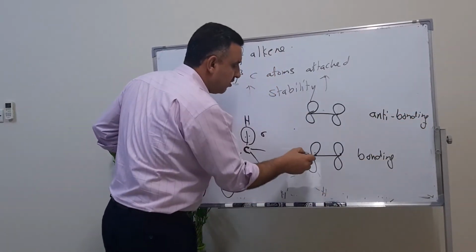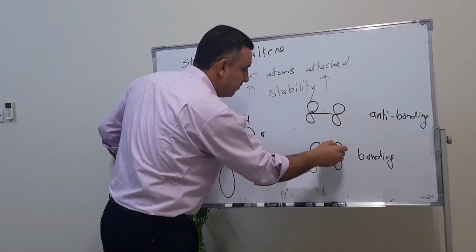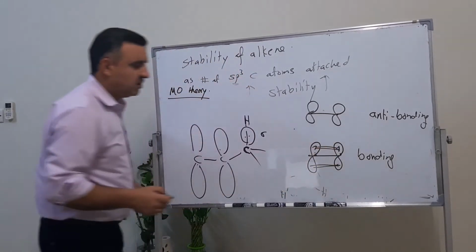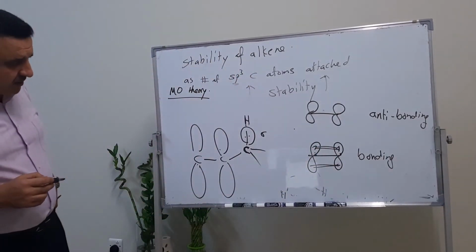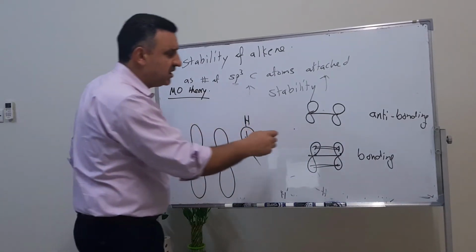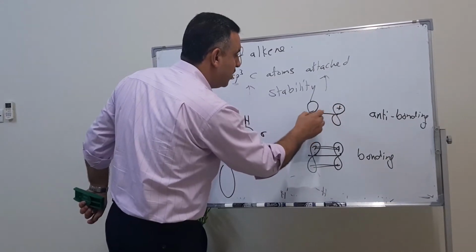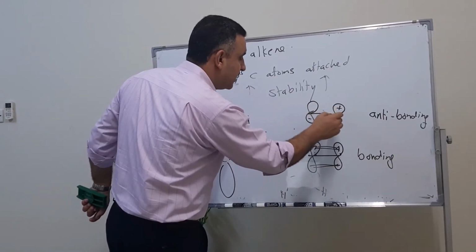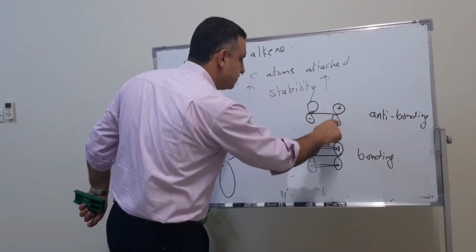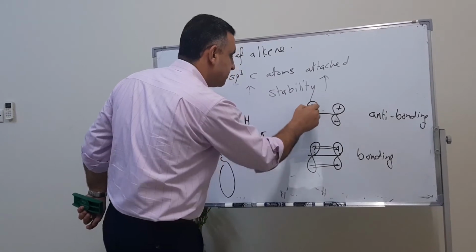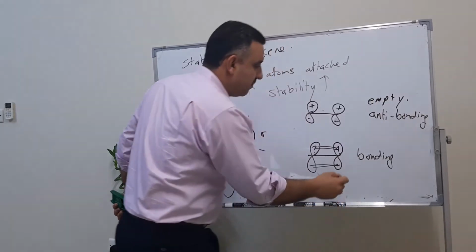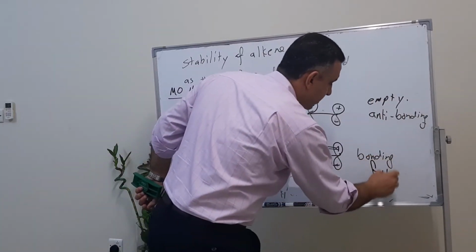The bonding orbitals are made by the sharing of the 2 electrons in the p orbitals. For the system carbon double bond carbon, beside this bonding, we have something called anti-bonding, where the signs of the p orbitals are opposite, so we have plus minus, and this is minus plus. Anti-bonding here is an empty p orbital, while the bonding is a full p orbital.